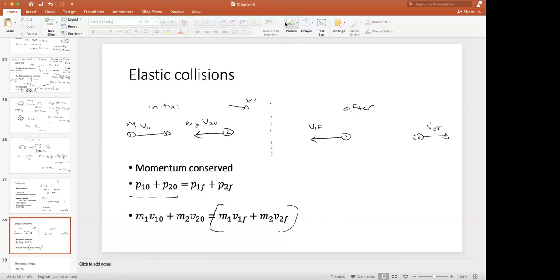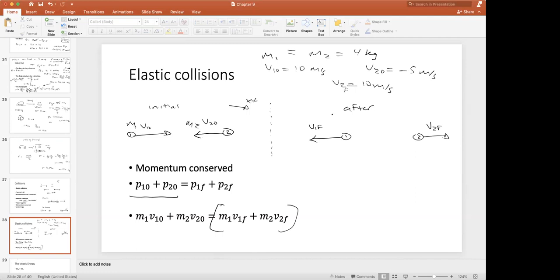And let's look at it this way. If V1 initial was 10 meters per second, and V2 initial was -5 meters per second, and mass 1 is equal to mass 2, they're both 4 kilograms, right? The initial momentum, we know everything here. So afterwards, we know that V2 afterwards is going 10 meters per second, right? We need to know what V1 is doing.